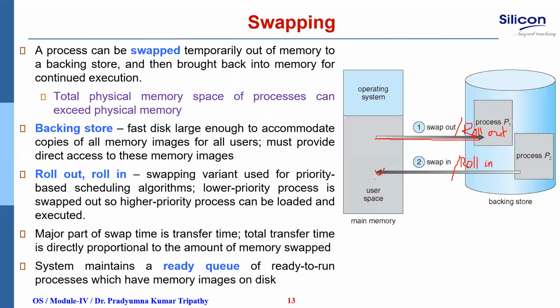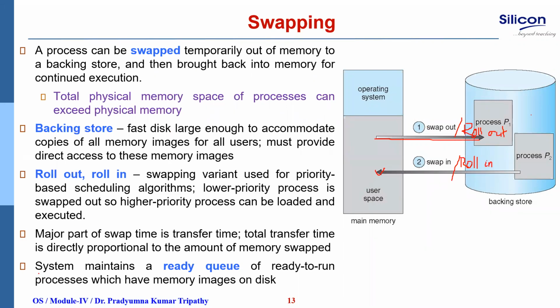That means if a process is here and I want to load it into the memory, I must know in which address it has to be loaded and what my limit register is. So memory information must be known for that process while it is in the backing store. Is it understood? Yes, sir.